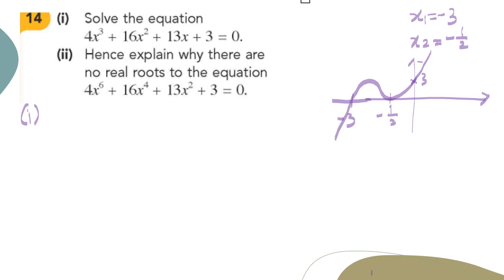So x equals negative half is the repeated root here. So what we're going to do is give your cubic polynomial a name. We're going to call it f(x).